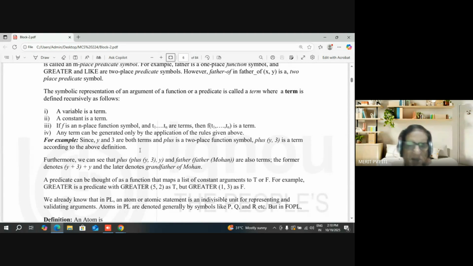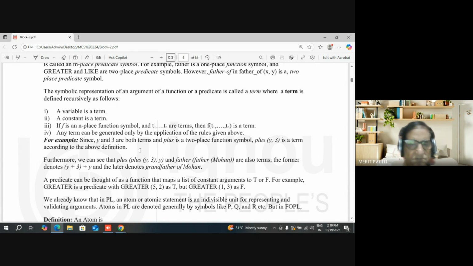Likewise father of Mohan is a term, and father of father of Mohan denotes the grandfather of Mohan.